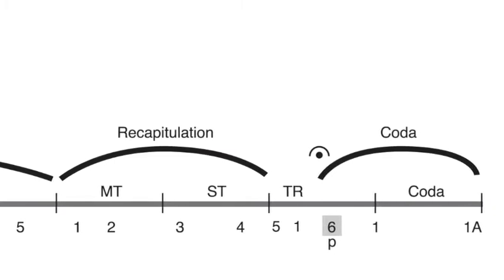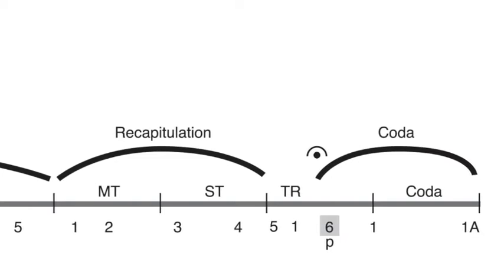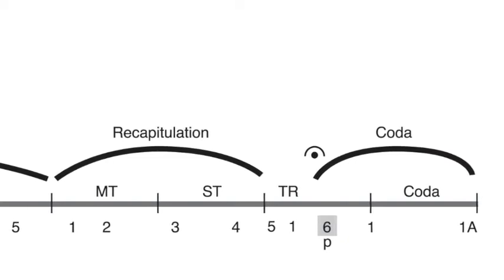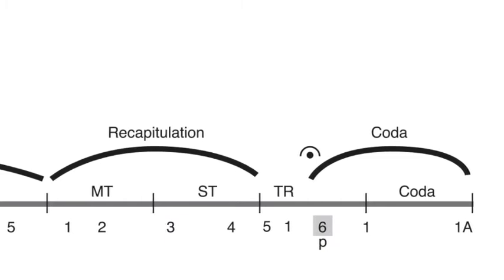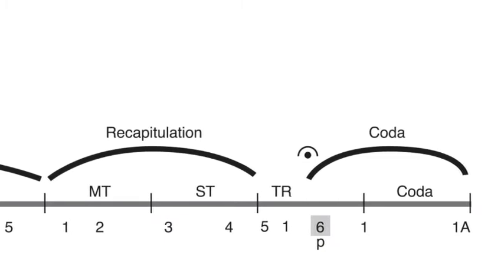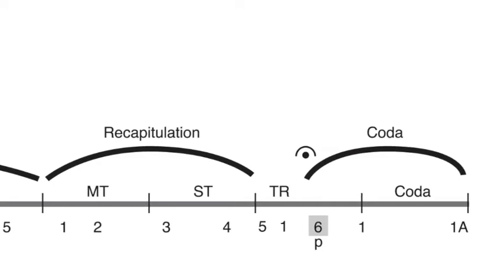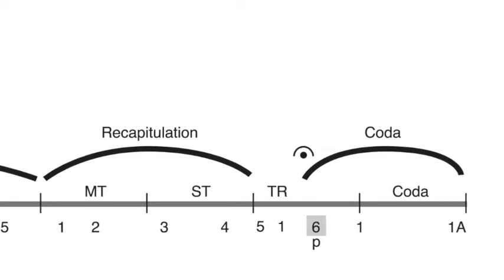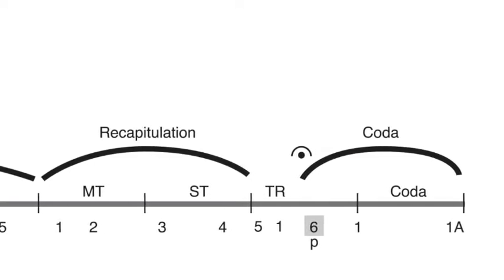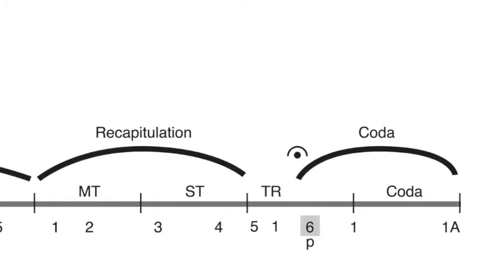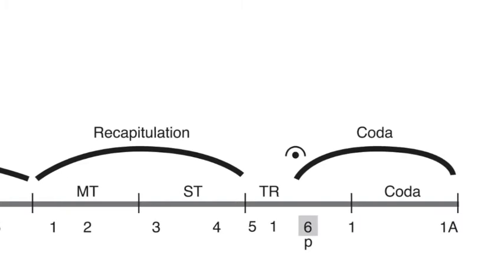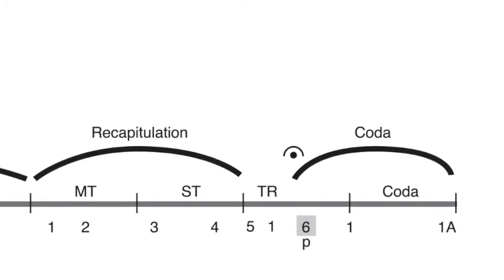And here you got the transition 5, and here he goes back into number 1. Now he stays on number 1 in the coda. It's not the coda yet. He's going to bring the coda in, but he's creating a whole scenario that is very, very different from his other symphonies.